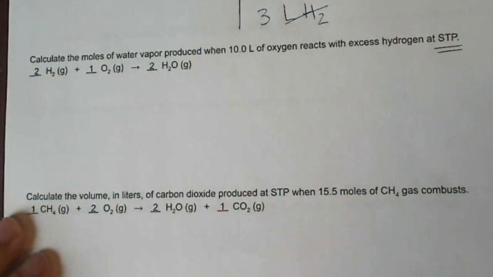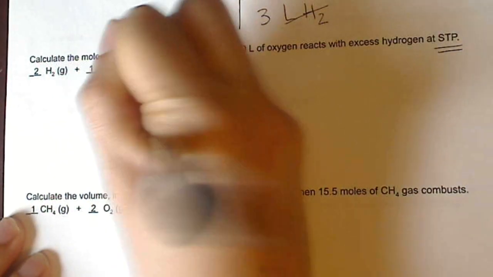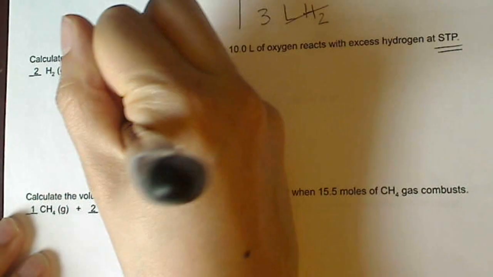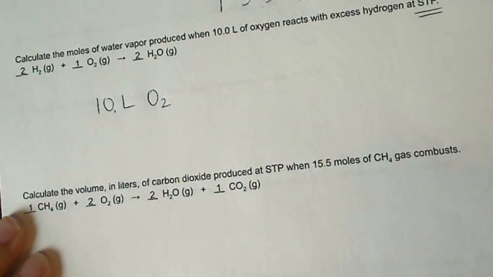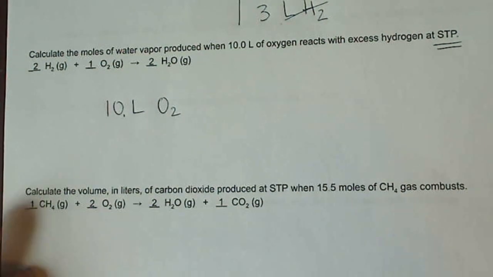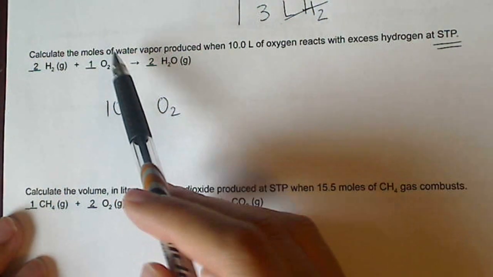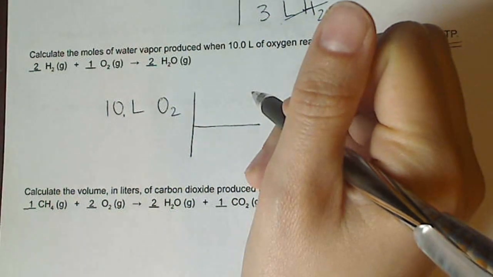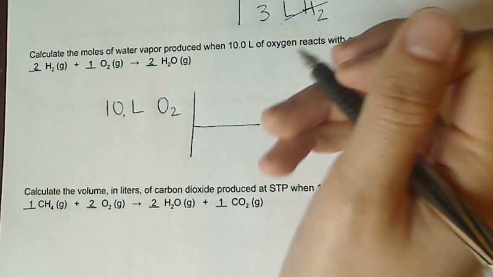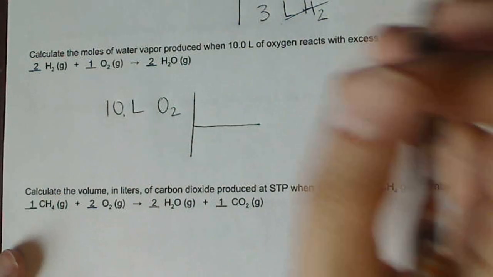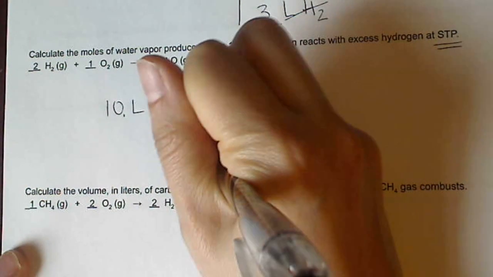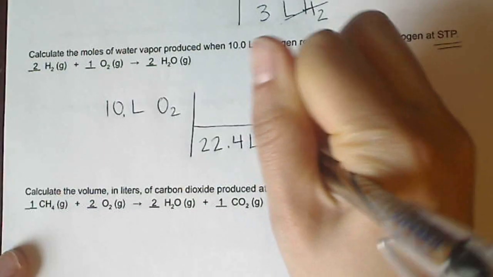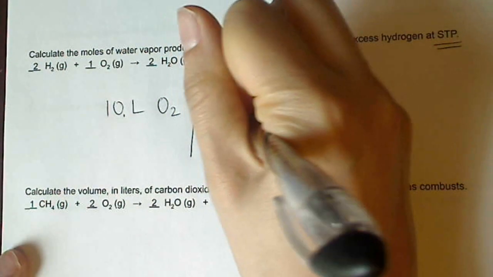My given is 10 liters of oxygen, and what I'm trying to get to is the moles of water vapor. Since I'm at STP, I know that 22.4 liters of oxygen will occupy 1 mole of gas.